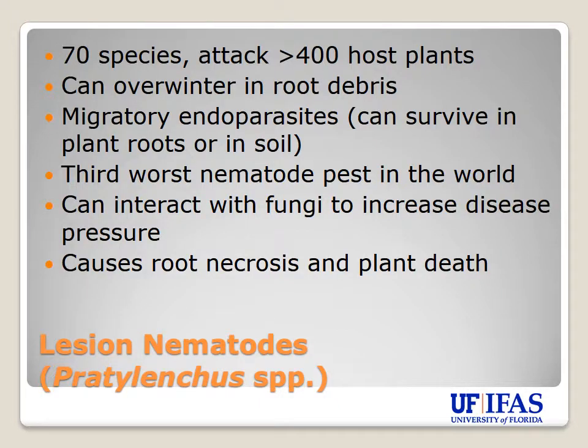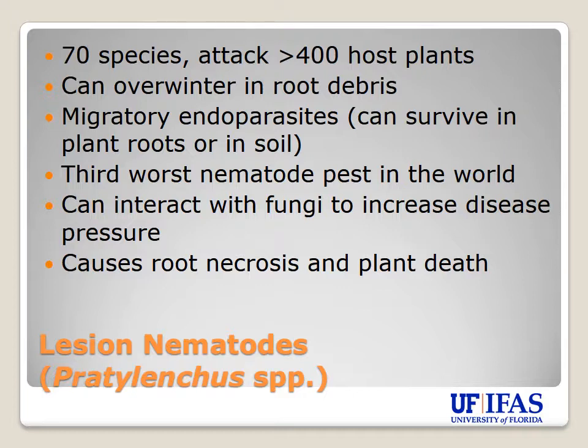With lesion nematodes, there's over 70 different species that have been described. They can attack over 400 different types of host plants, so they have a very wide host range also. Lesion nematodes can overwinter in root debris. They're migratory endoparasites, which means that they can survive feeding on plant roots or just traveling around in the soil.